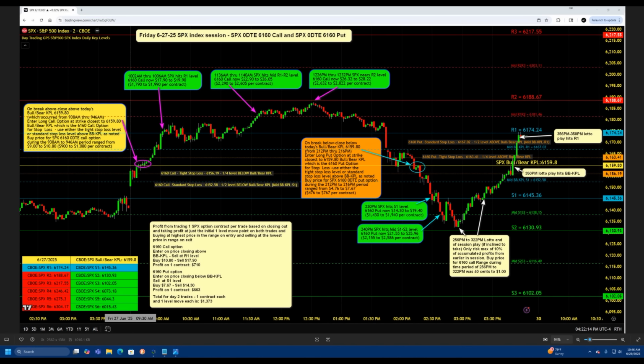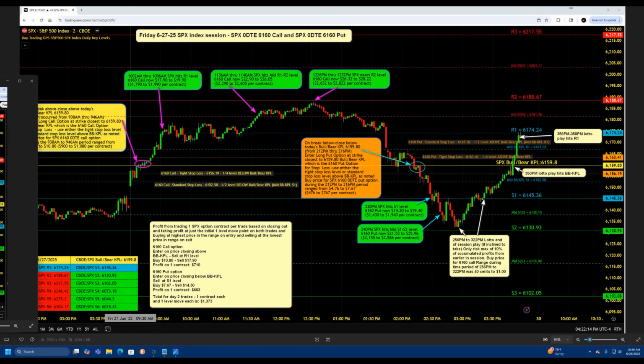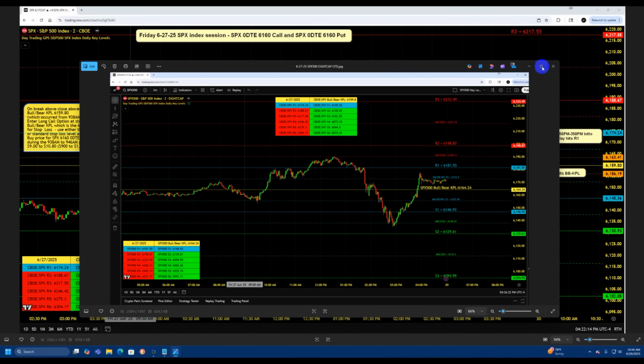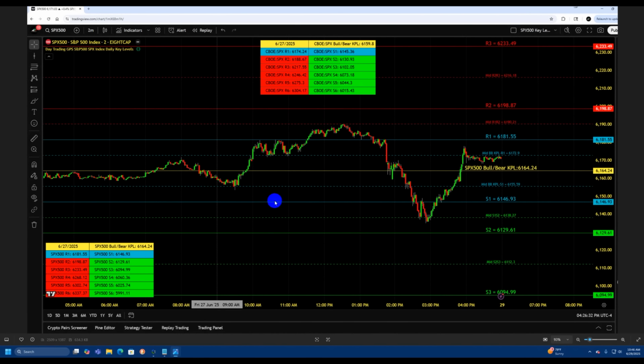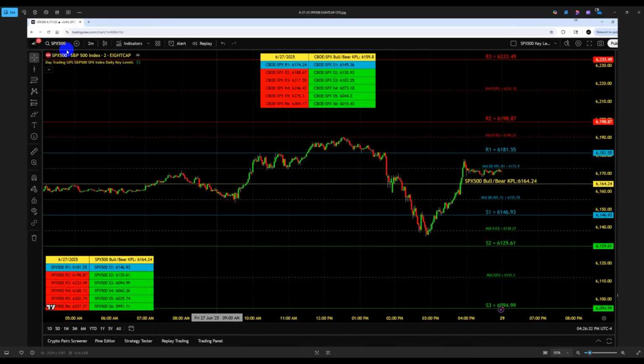The other symbol that the indicator works on is the SPX 500 8-cap CFD, which I will show you briefly. So when you have it on the other symbol, the SPX 500 8-cap CFD, you use a 2-chart system, one on the SPX 500 8-cap CFD, and then a separate chart for the SPX CBOE index.